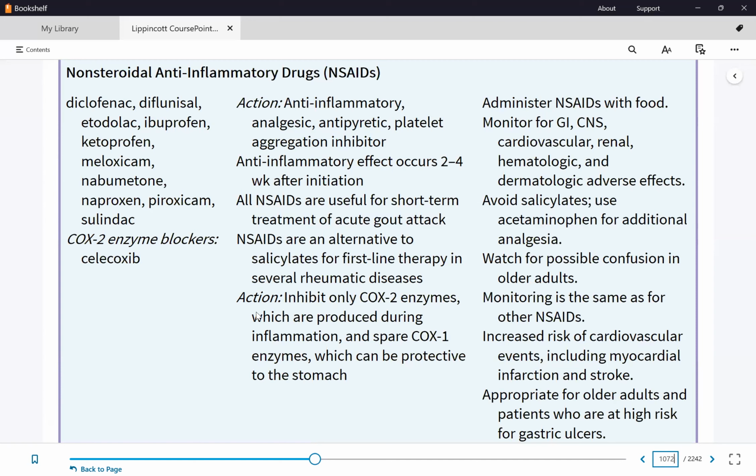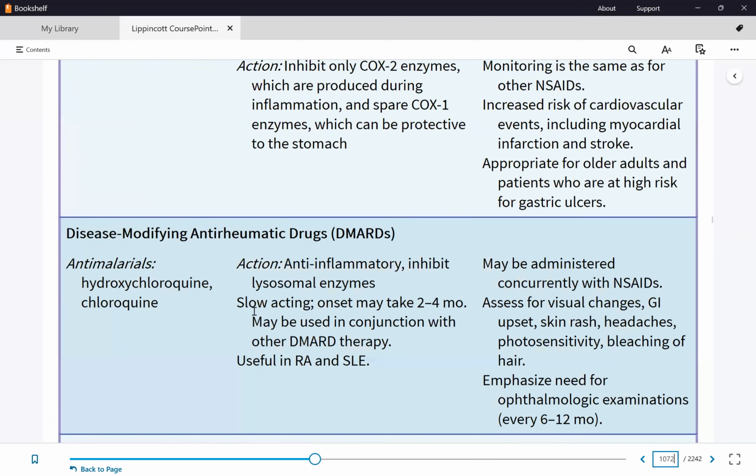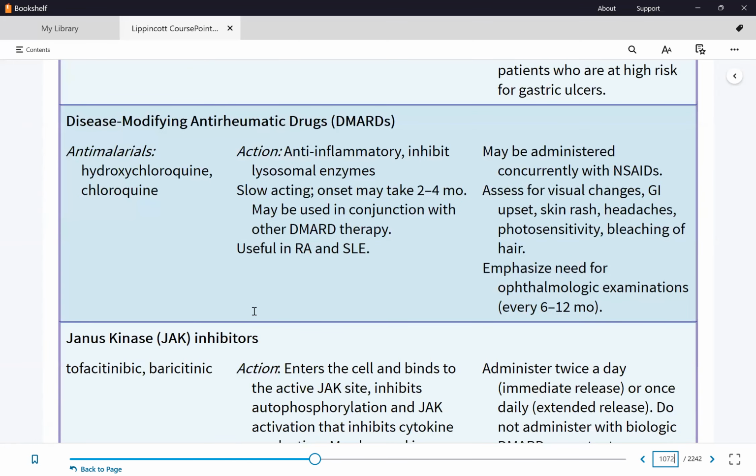That's the disadvantage of Tylenol. Although we do have Tylenol for arthritis, but again, it's not an NSAID, has no anti-inflammatory benefits. Here's the DMARDs. So starting with the cheapest, we've got methotrexate and hydroxychloroquine.